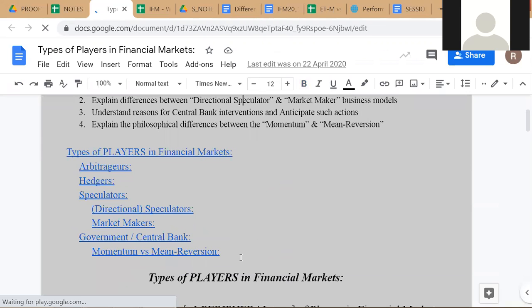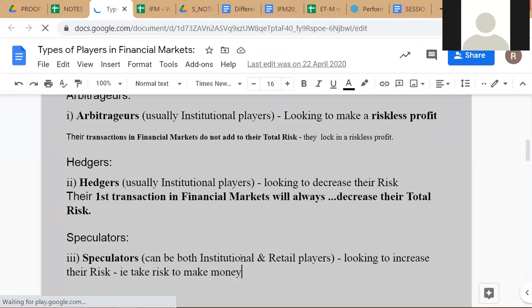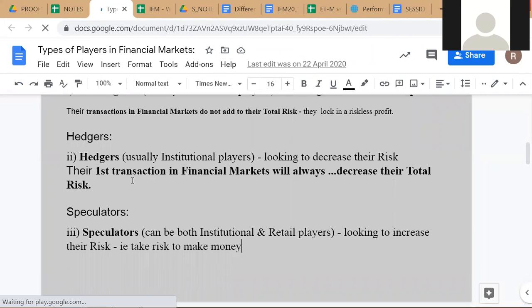And you'll notice that the definition of hedgers are basically people who reduce their total risk with their first transaction. So classical hedgers should always be looking to reduce their risk. Slowly, stage-wise, they should never increase their risk. They should decrease their total risk. Whereas speculators start out by increasing their total risk.